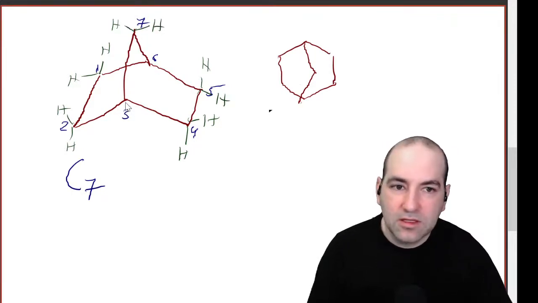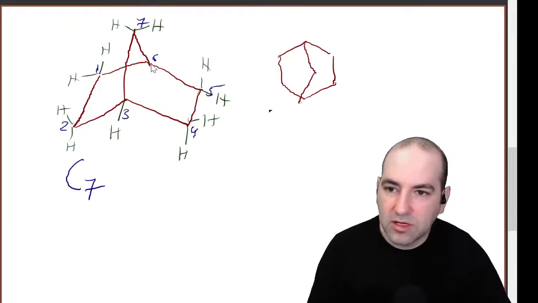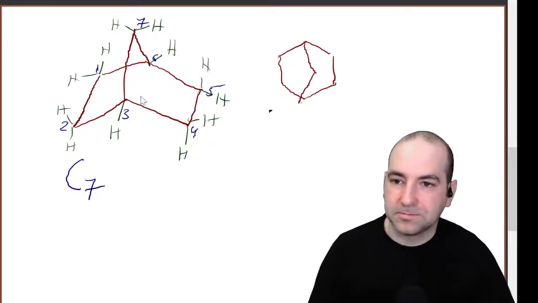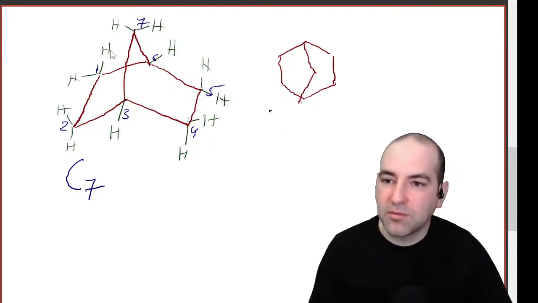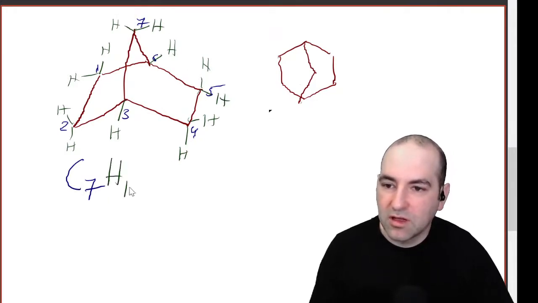And these spots here have 3 connections to each carbon, so there's 1 hydrogen coming off there. If we count those all up, we get 1, 2, 3, 4, 5, 6, 7, 8, 9, 10, 11, 12. So this would be C7H12.